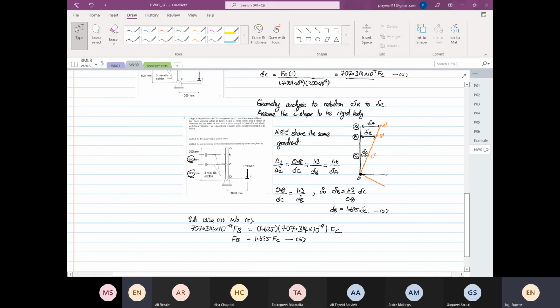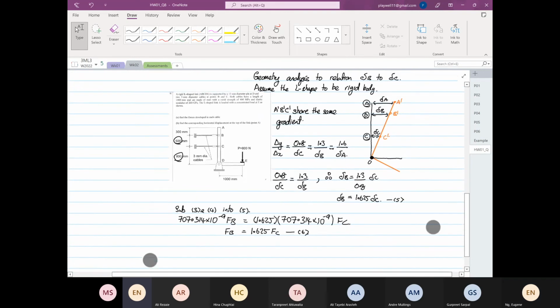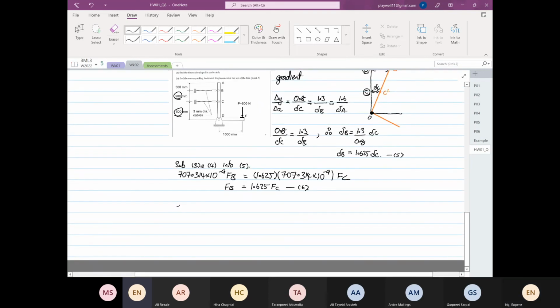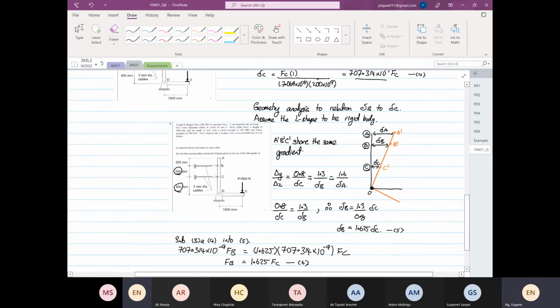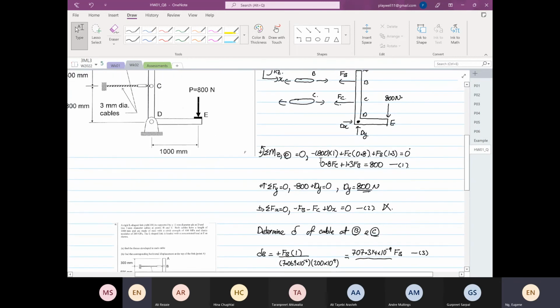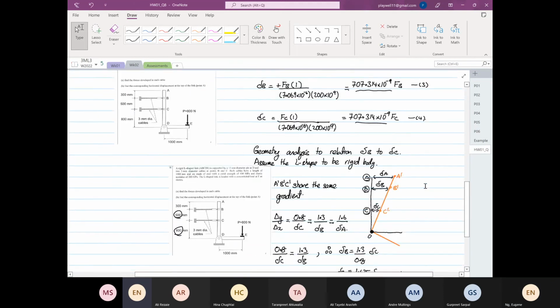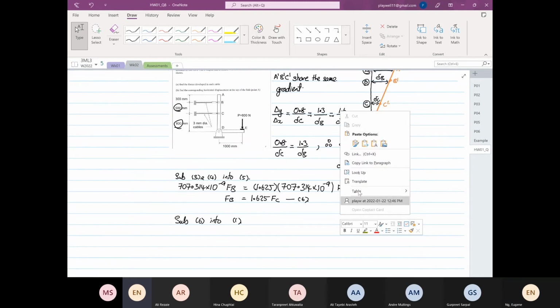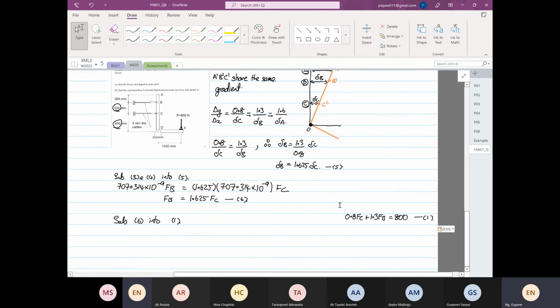Okay, so now we have this relationship. We're going to substitute 6 into equation number 1. Okay, so equation number 1 is 0.8. I'm going to copy the whole thing, and then I'm going to paste here. Hopefully it works out this time.